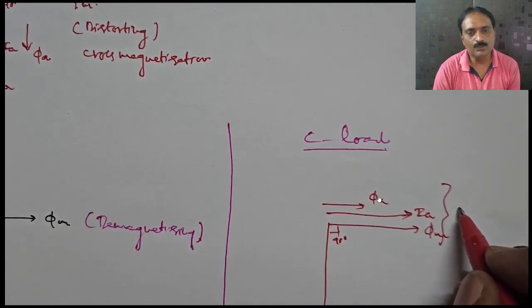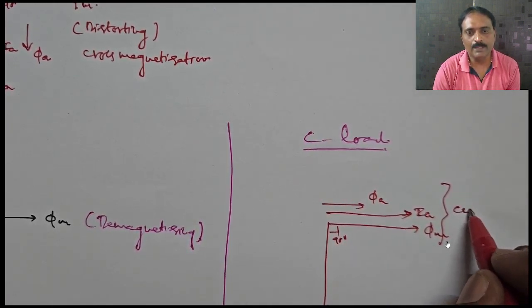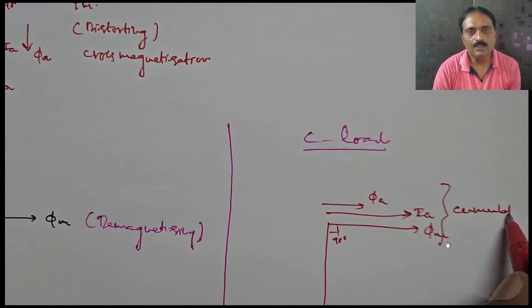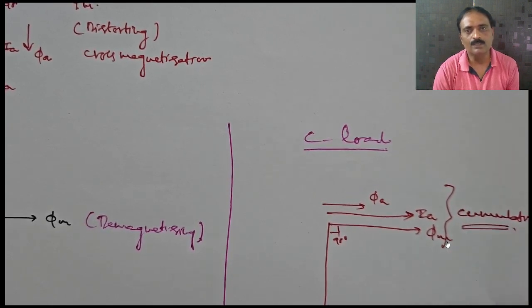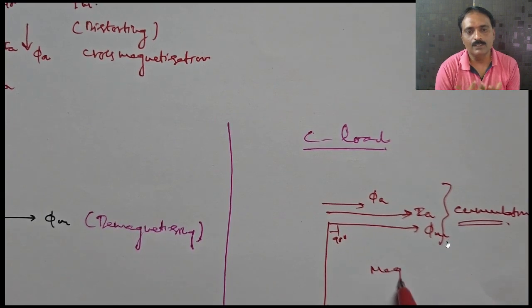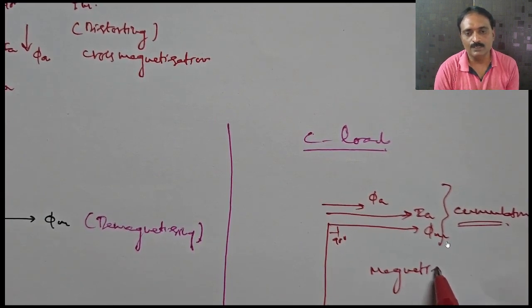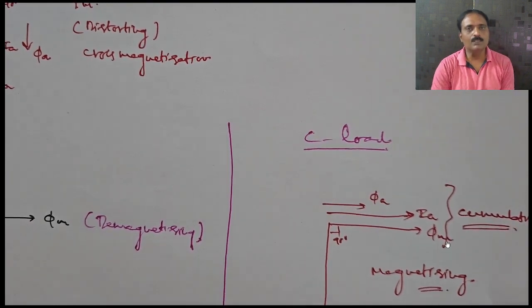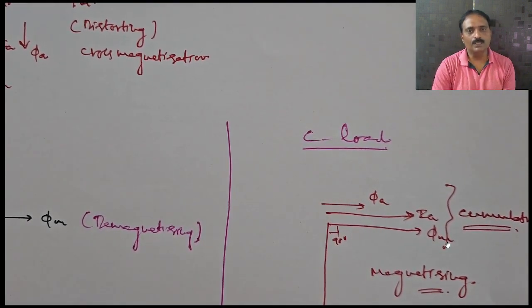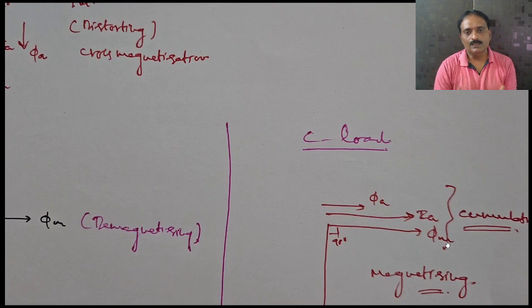So here these two fluxes are going to act in the same direction, or you can say cumulative, which results in more value of flux in the space. So this results in magnetization. Hence for capacitive load, the terminal voltage will be a little bit more than the induced EMF because of this increased value of magnetization.